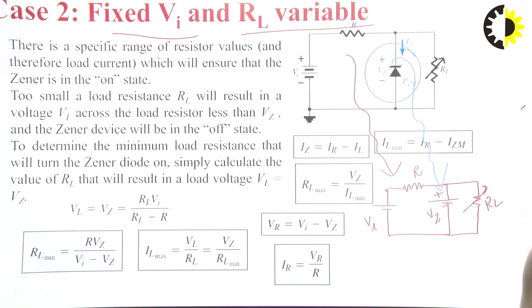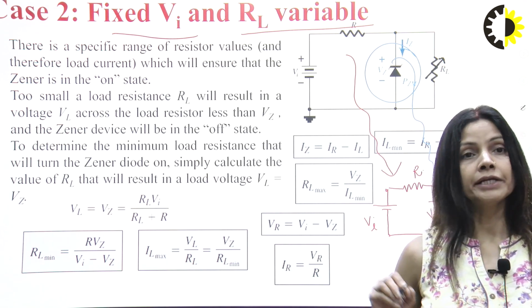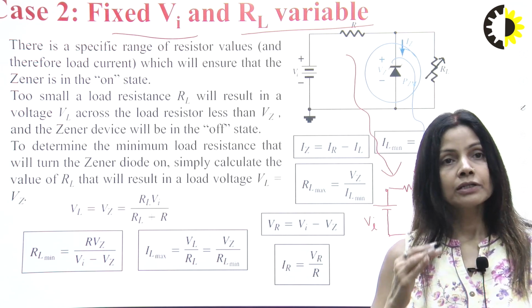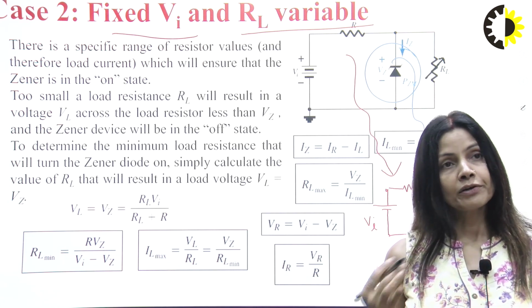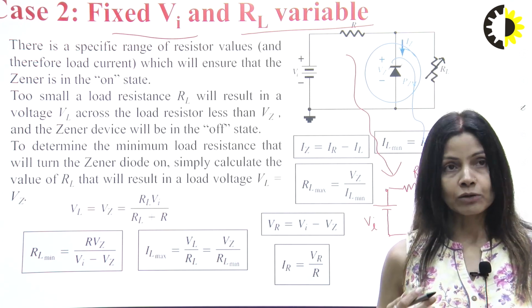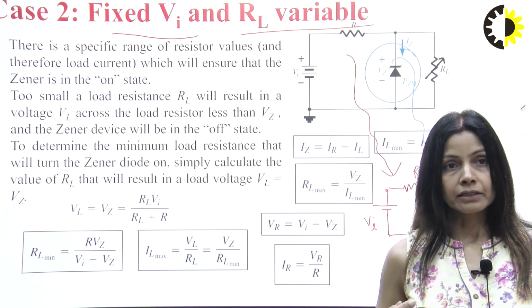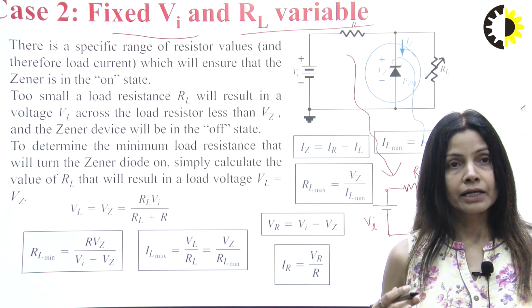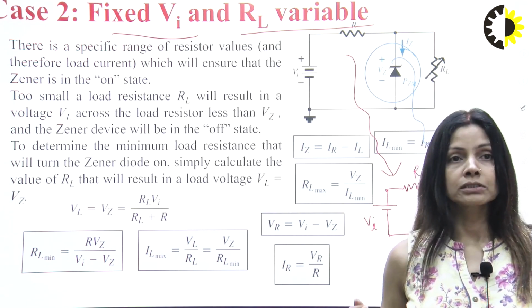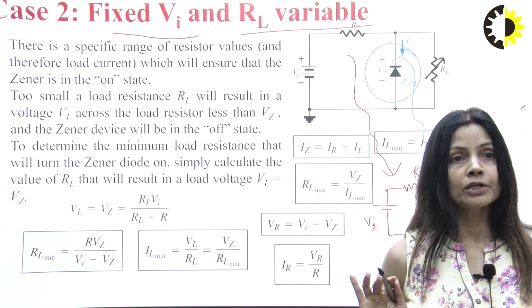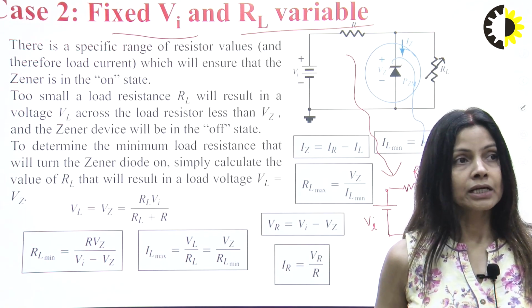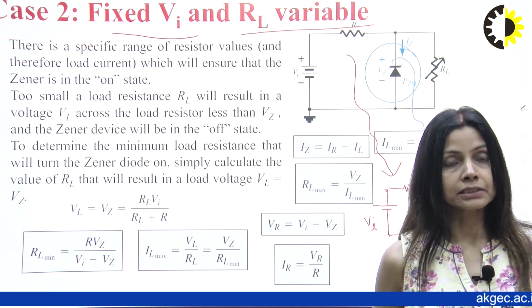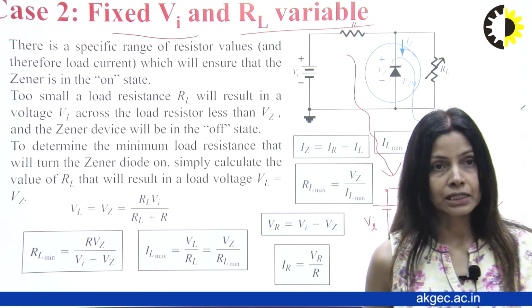So whenever case 2 needs to be discussed, the first step is that you replace the Zener diode with the battery in reverse polarity. You will make the circuit at once and then do the rest. This is one thing which should be taken into consideration for the second case.